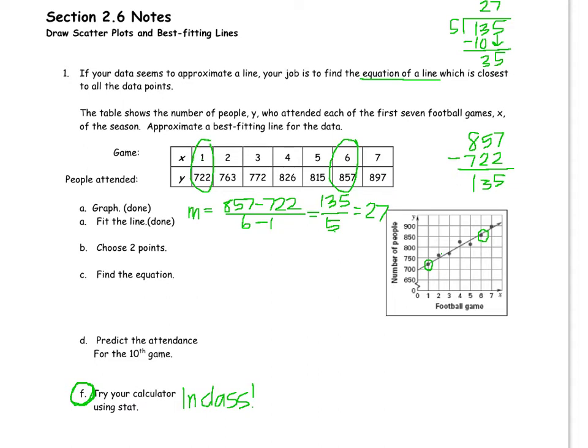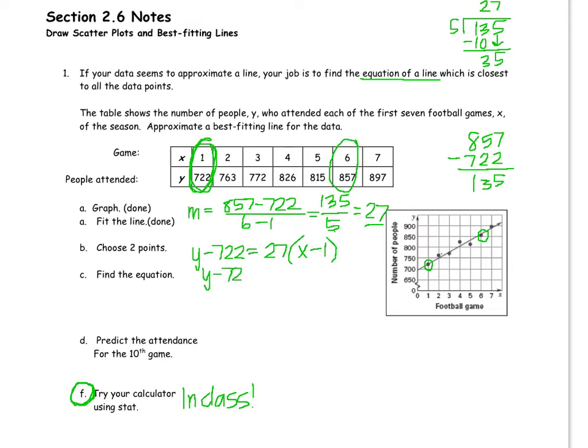Here's my slope. In order to find the equation, I'm going to pick a single point and use my slope, going through point-slope form again. Personally, because I like smaller numbers, I'm going to use the point (1, 722). So y minus 722 equals my slope of 27 times x minus 1.